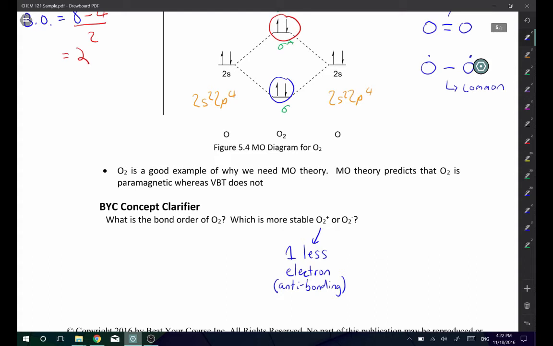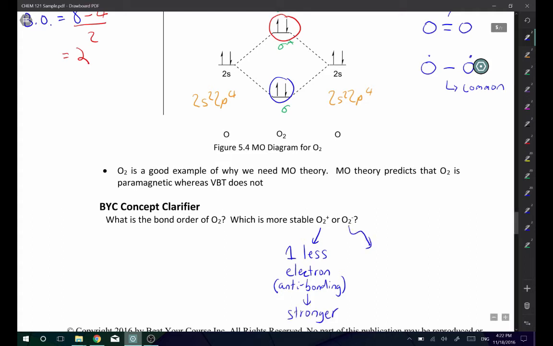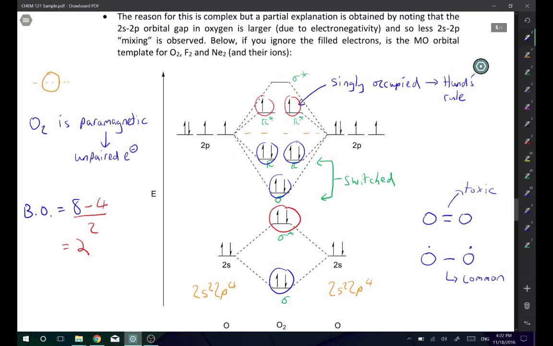Now, if you look at the negative charge, you're going to have one more electron. And where's the extra electron going to go? It's going to have to move to the anti-bonding orbitals. So you're going to have to add to the anti-bonding. And if you add to an anti-bonding orbital, you weaken the bond.